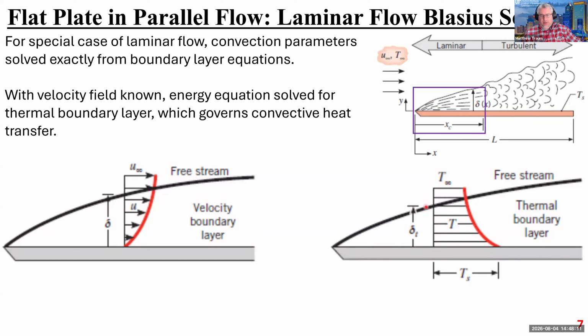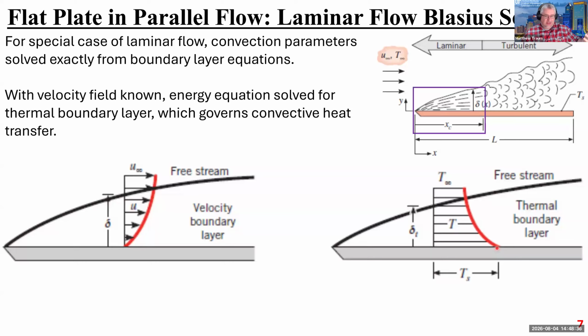It's the distance away from the plate where the temperature of the fluid has reached 99% of the temperature value of the free stream. That's basically the edge of the influence of the plate on the free stream fluid temperature. The same is true as with the velocity boundary layer. There's something akin to the no slip condition, which is for us, right?